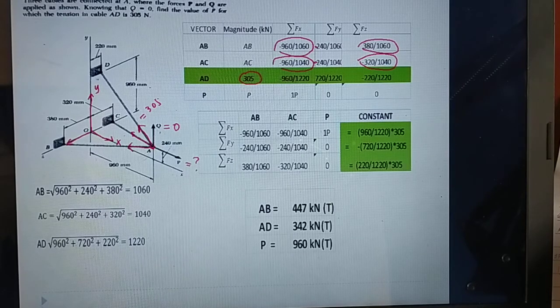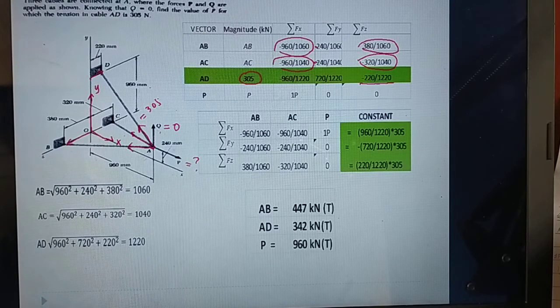And for the Z axis, this is away from me 220, so negative 220 over the total length of 1220. And this is 960 from point O to D. Vertical projection 960 minus 240 gives you 720 positive, because this is going up, over 1220.